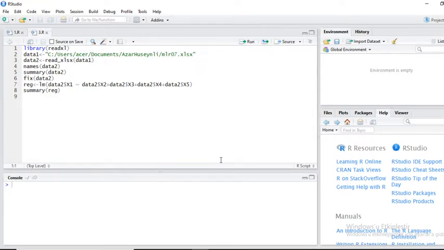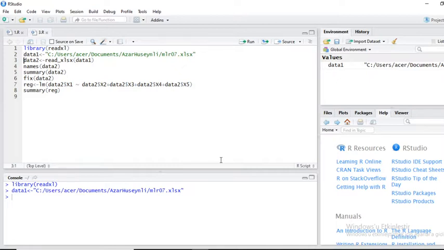So for downloading the dataset, we need to attach the library, which is the readxl library. The data is located in the documents folder, and I attach the data.